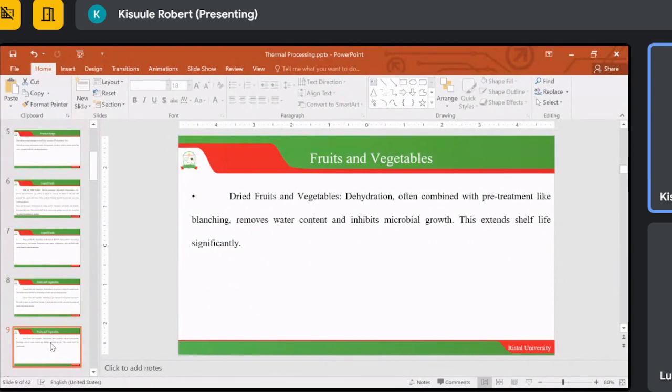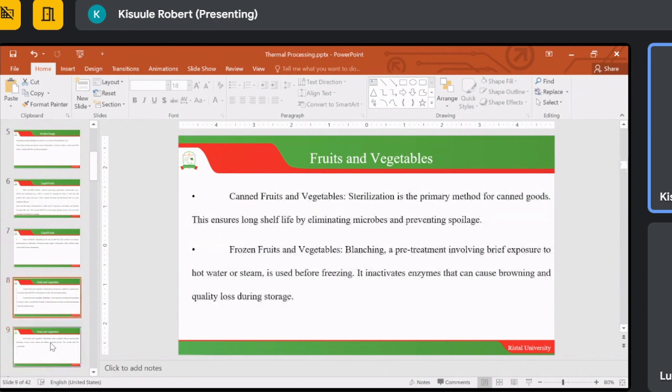For the dried fruits and vegetables, dehydration is often combined with pre-treatment like the blanching, which we saw, removes water content and also inhibits microbial growth. So we would ask you what is the best method of heat treatment for the canned goods, the frozen fruits and vegetables, but also for the dried fruits and vegetables.